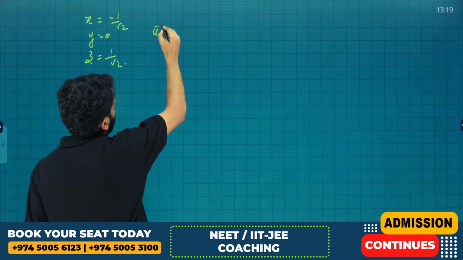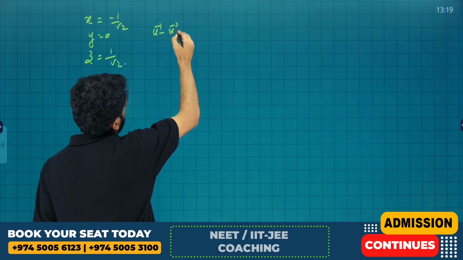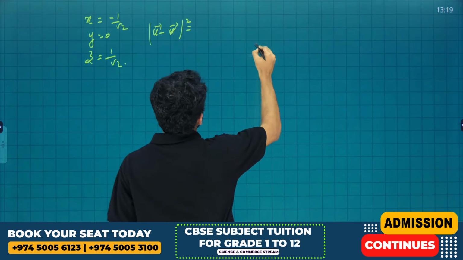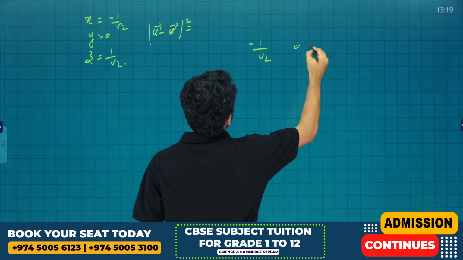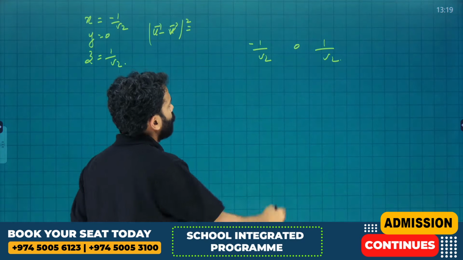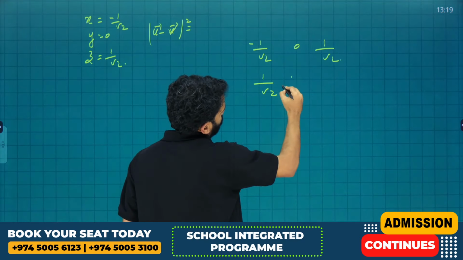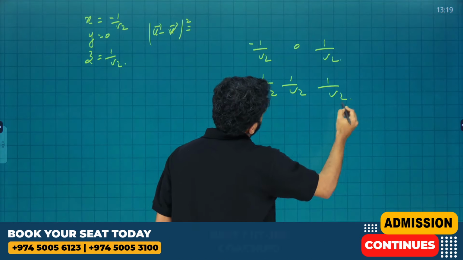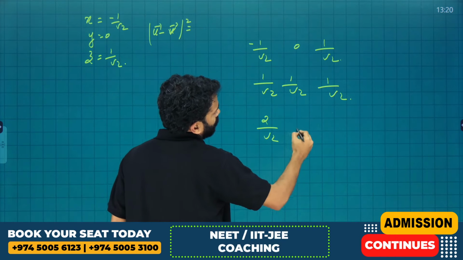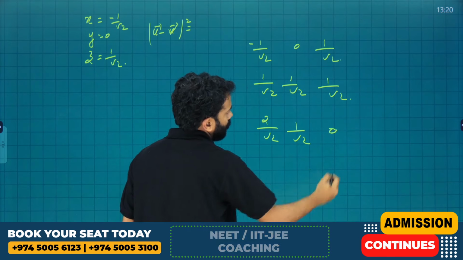You need to find the magnitude of vector u minus vector v, squared. Vector u is minus 1 by root 2, 0, 1 by root 2, and vector v is 1 by root 2, 1 by root 2, 1 by root 2. So u minus v will be minus 2 by root 2, minus 1 by root 2, and 0.